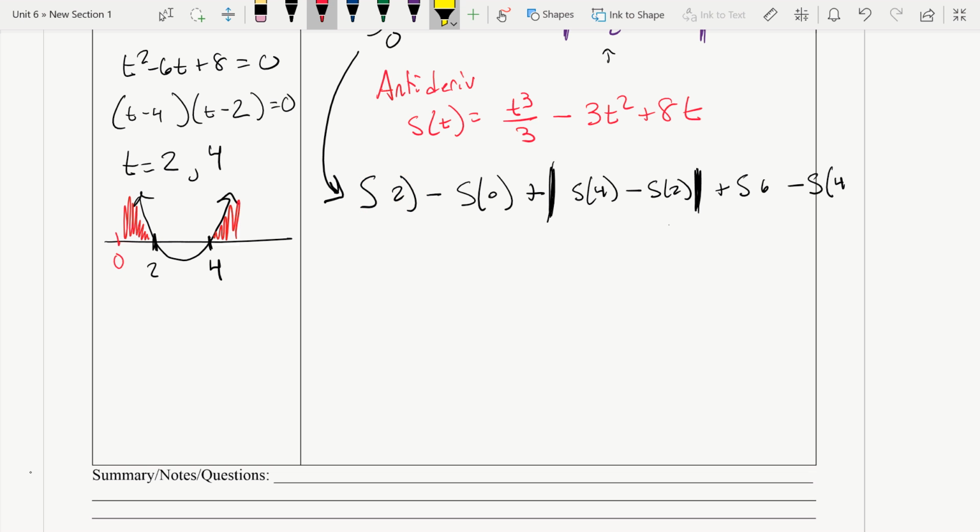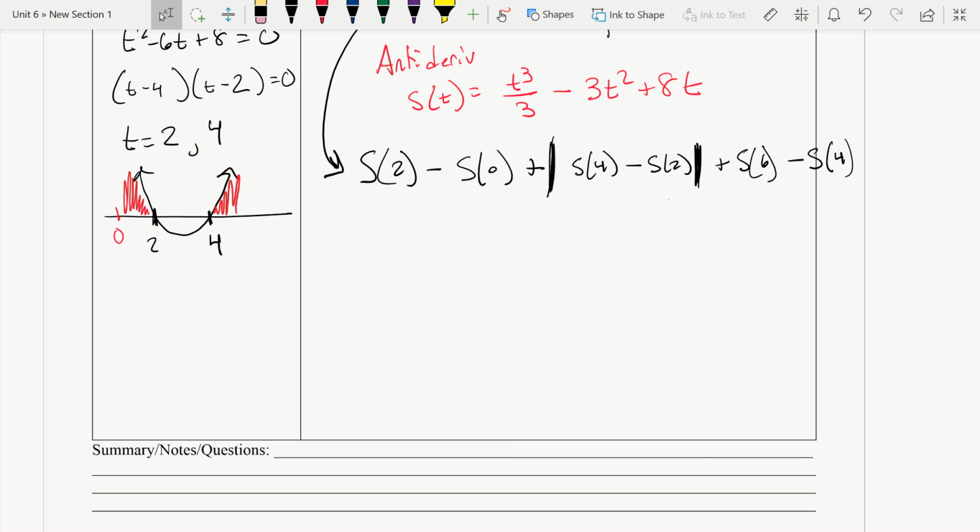You don't even have to work this right on the page. You might just give yourself a little space off the side. Say, okay, I'm going to evaluate s of 0, s of 2, s of 4, etc. And then we can just put the numbers in here where we need them. At this point, we're just doing algebra and arithmetic to finish up. We've done the calculus. Now we just got to plug the values in.